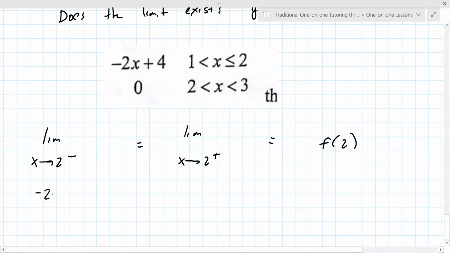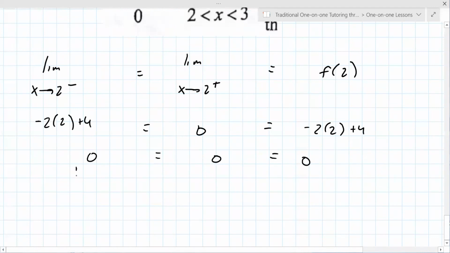So this one is minus 2 times 2 plus 4 equals 0 equals minus 2 times 2 plus 4. And this one is good. It's 0 equals 0 equals 0. So yes, it's continuous. And then does the limit exist? Yes.